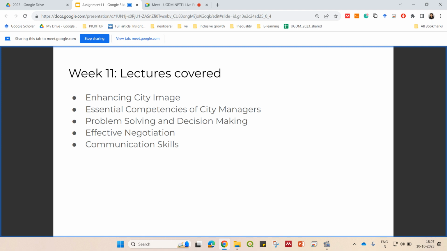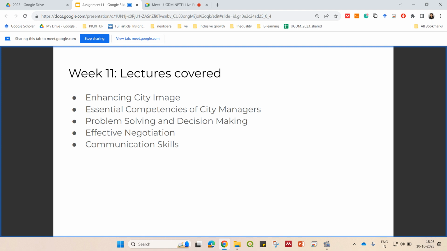Then, what are the different competencies required to improve urban governance function in Indian cities, and how can city managers develop those types of competencies. This can be done through awareness and practice, through reflective learning, exposures, and several other methods. So that was studied in the essential competencies of city managers.